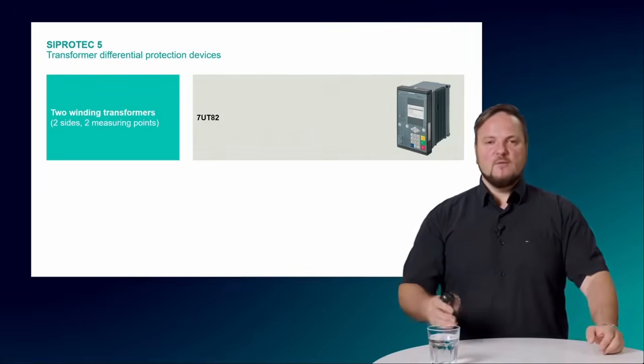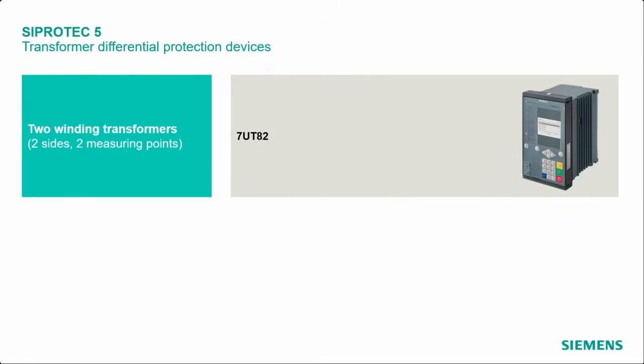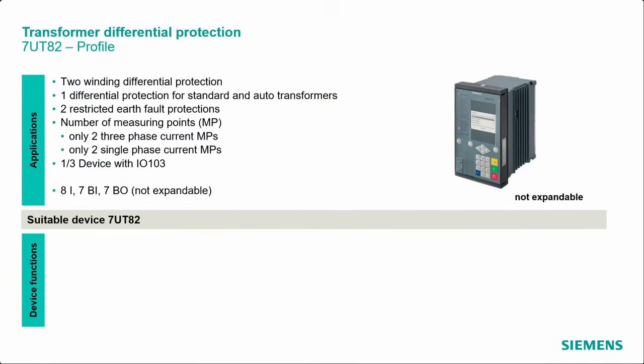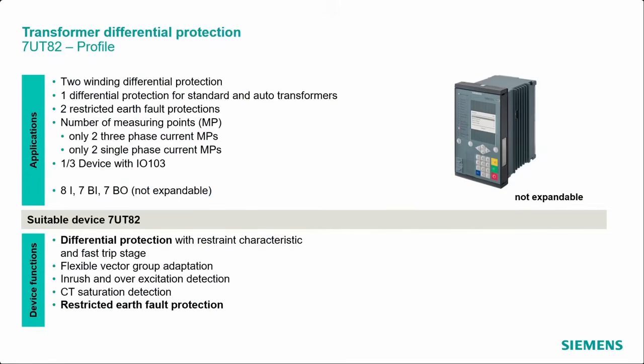When we take the step to the first device of our transformer protection series, we see here the 7UT82. The 82 series stands for the non-modular series, so the device is only a 1/3 housing, the base module, which contains the measuring points for 2 transformer sides. Looking closer at the profile, this device is suitable for a 2-winding application.